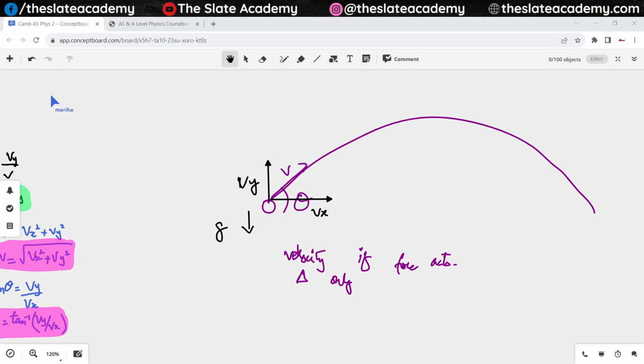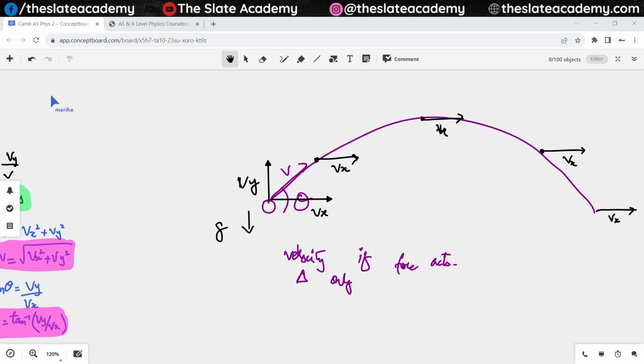So throughout the projectile, the Vx component stays the same. It maintains its initial value of Vx.